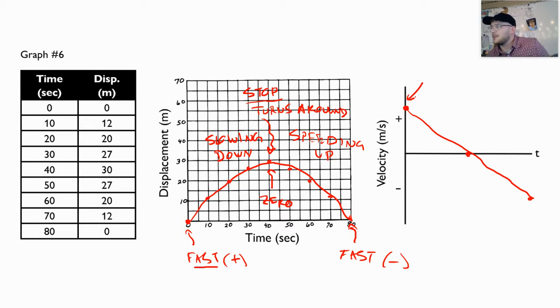So think about it. This is when the ball would leave your hand. This is where it's at its peak. It's kind of stopped. And then what would this point be? This is where you catch it, okay?